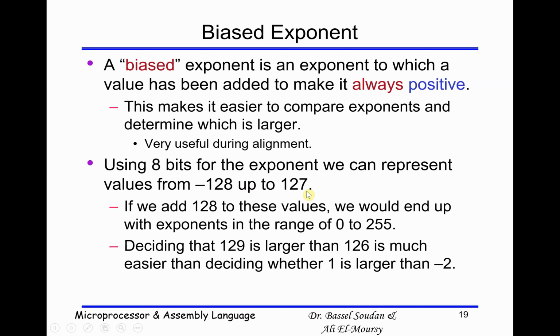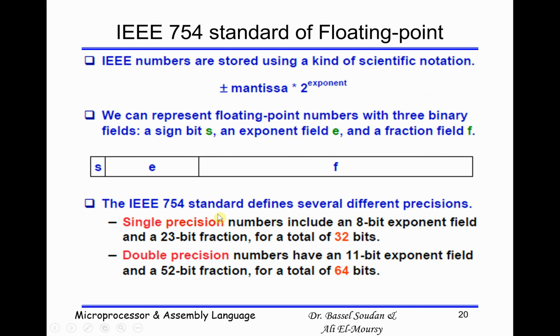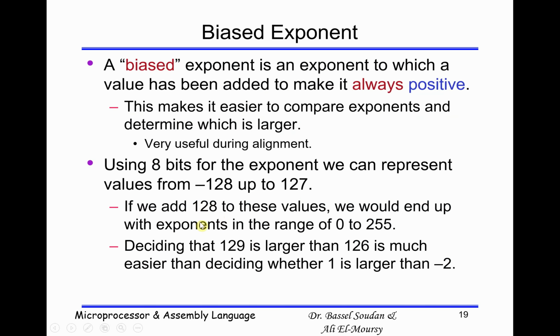The exponent is not stored in the exponent bits as it is. Before you store it, you have to bias it. Bias means to add some constant to the exponent to make it always positive. What does this mean? Assume that you have the decimal value of the exponent, which should be from minus 128 to positive 127.